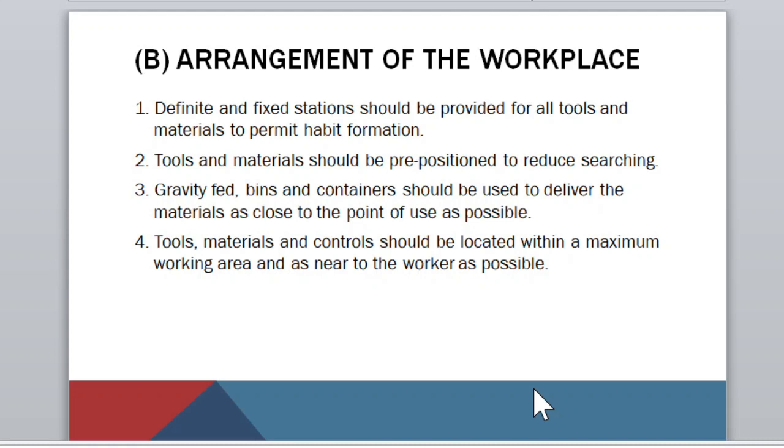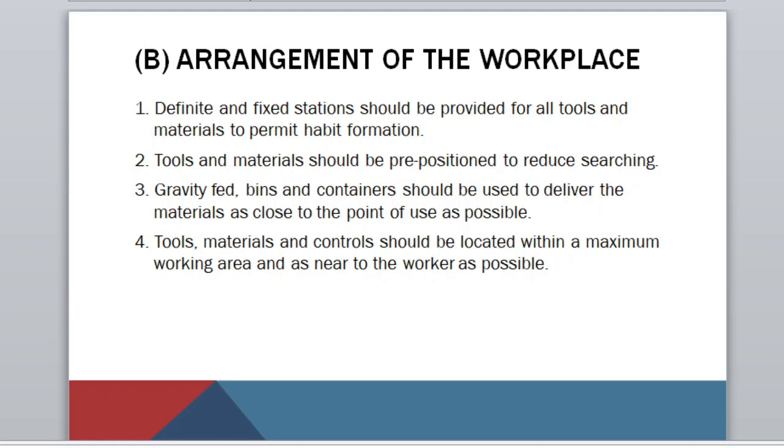As much as possible, close to them. The release then goes to material handling, which is their own problem. The concern here is that materials should be near to the area of the worker.